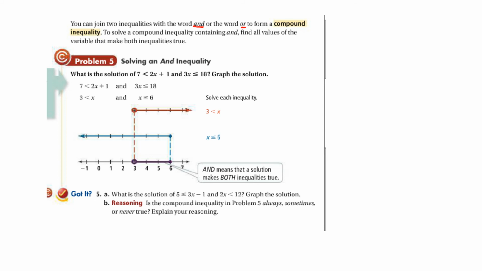When solving a compound inequality containing and, you want to find all the values of the variable that are going to make both inequalities true. So that means we have an intersection graphically of our solutions, where the two different inequalities overlap so that both of them are true.